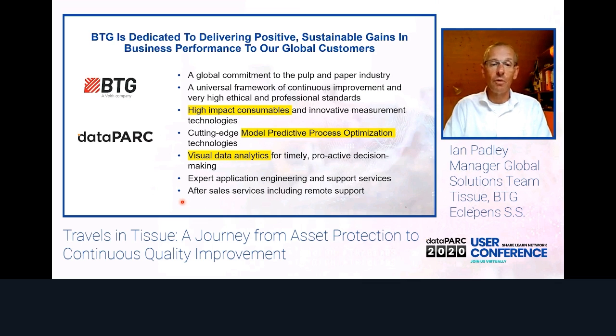A few years ago, BTG acquired Capstone Technologies, and with that, the DataPark organization, well known to all of you here at the DataPark User Conference for its data analytics. What we're really interested in here is the cutting edge model predictive process optimization technologies and the visual data analytics, and that's what we've leveraged in building this new system. So let's move on and take a quick look at the tissue industry.